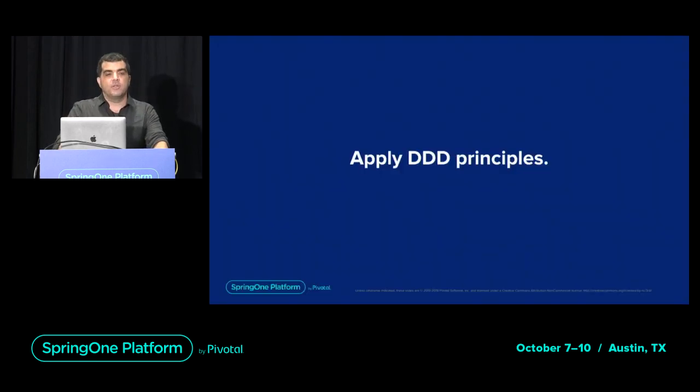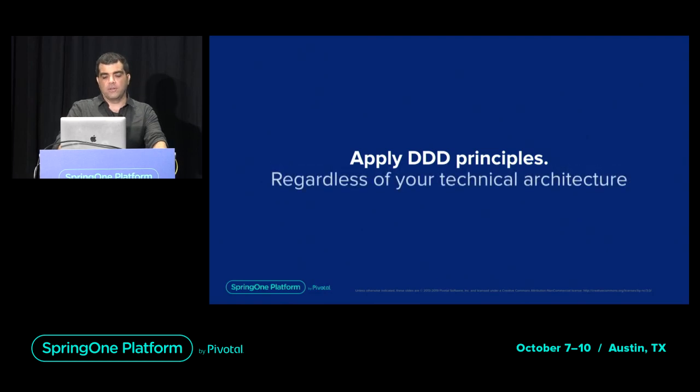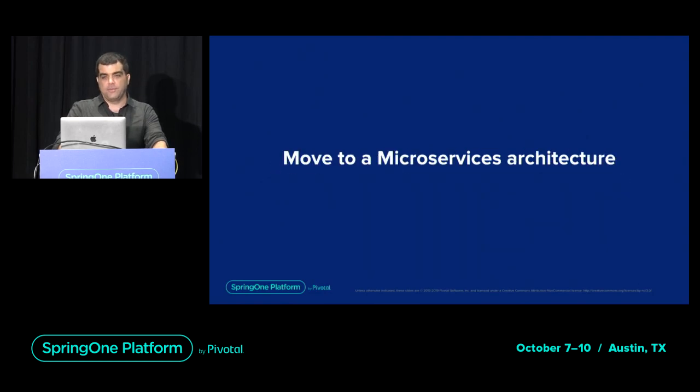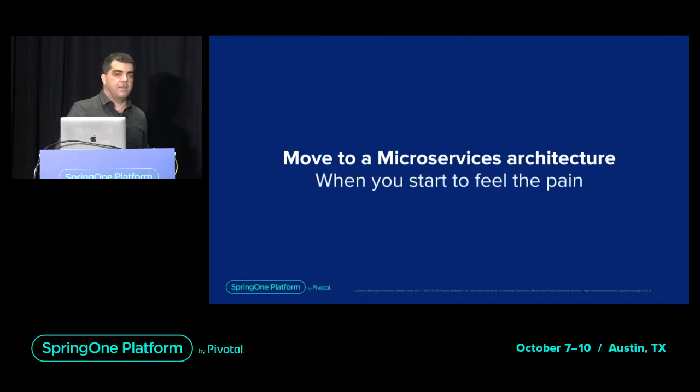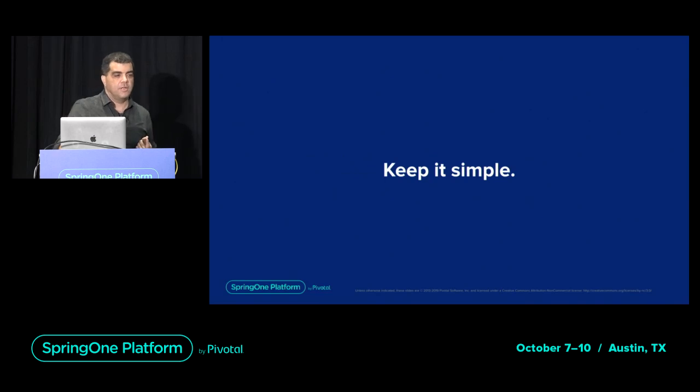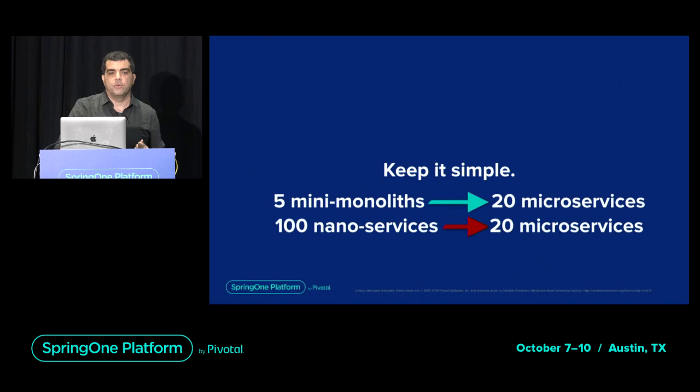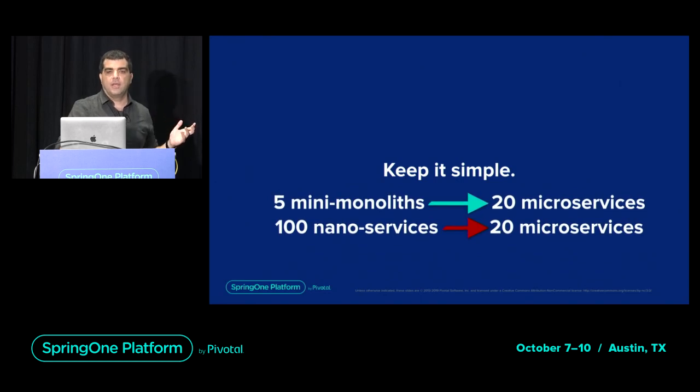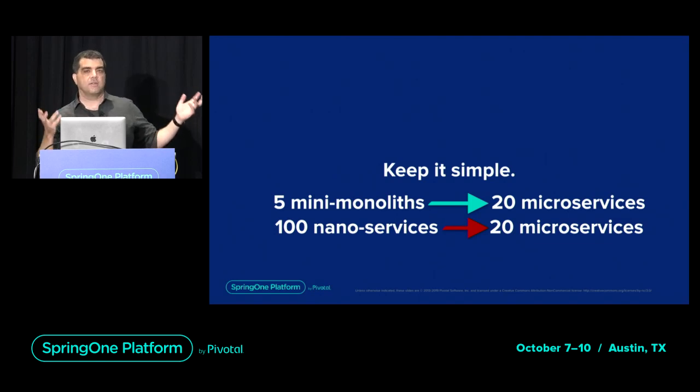Lastly, apply DDD principles, regardless of your technical architecture. And move to a microservices architecture when you start to feel the pain. And please keep it simple, okay? Don't go crazy from day one. It will be a lot easier for you to take 5 mini monoliths and convert them to 20 microservices, just breaking them down, than it would be to take 100 nanoservices and try to merge them back into 20 microservices in the end.